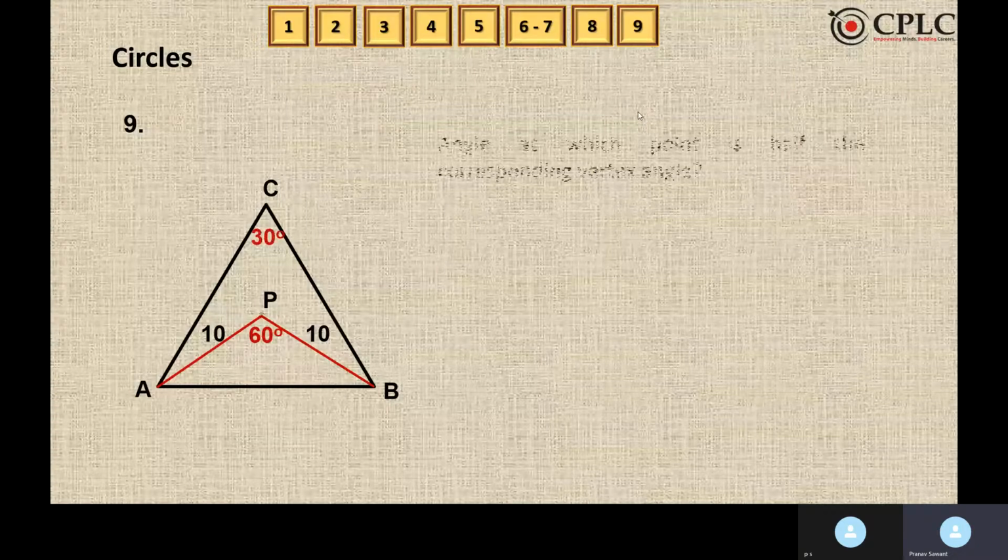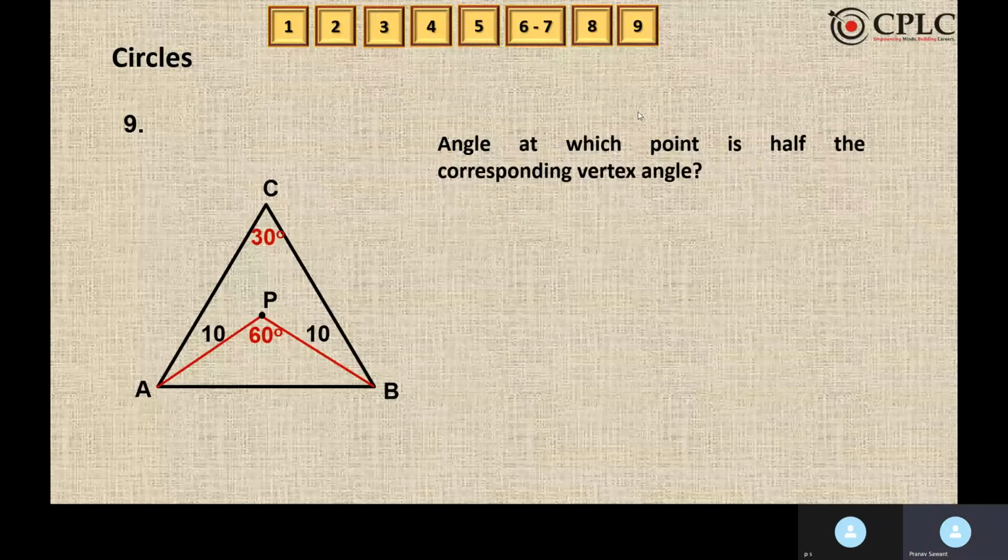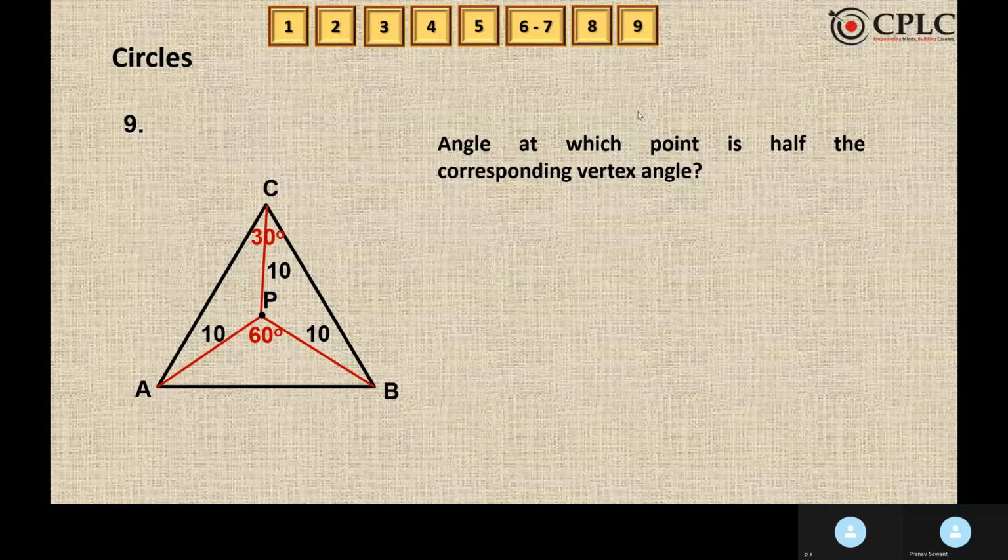C is 30 degrees. Now C has to be 30 degrees because we have learned the property that the angle at the center is half the corresponding vertex angle. So this is also going to be 10. Now PC is also going to be 10.